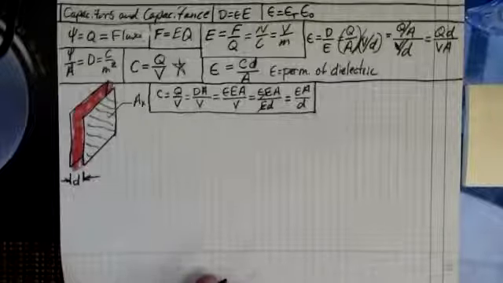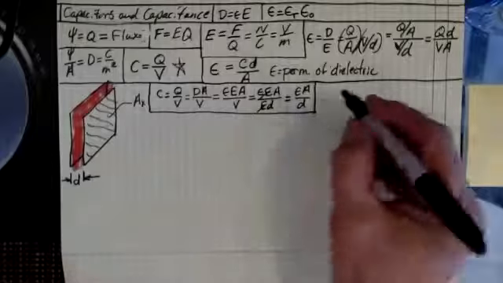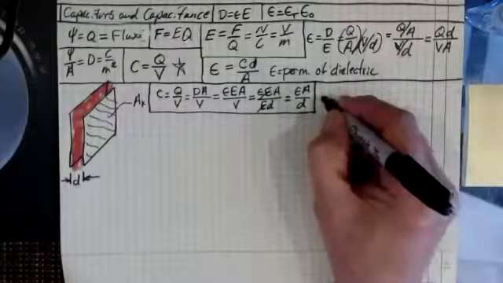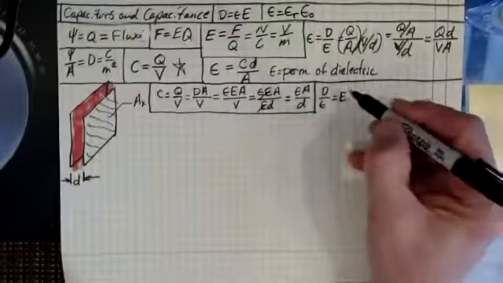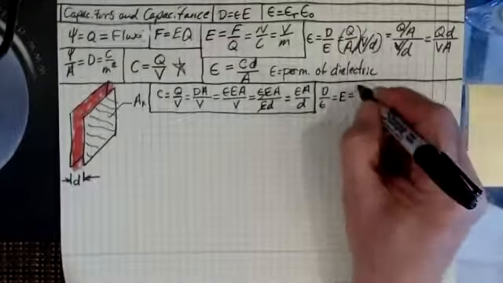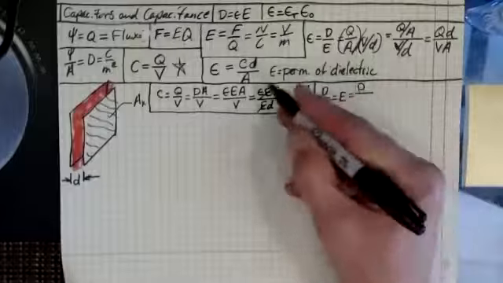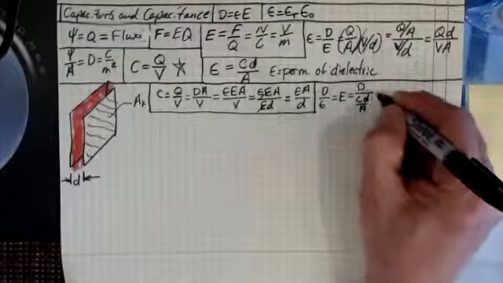I'll go through a couple more of these just to look at them. D over epsilon equals E, the electric field. And what is epsilon? Isn't that what we had up here, C times D over A?